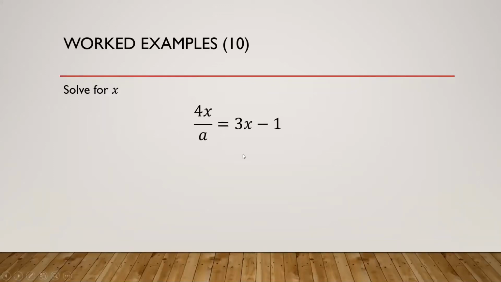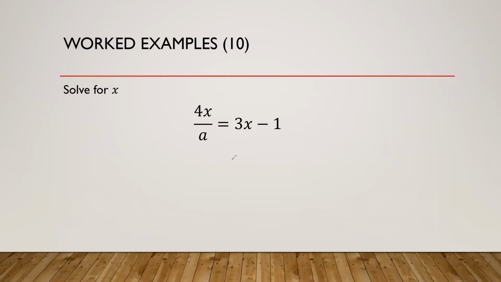Example 10. Similar to the previous example, where we had numbers but also another variable, which is A, we're not solving for A, we're solving for X. So we will not treat A as a variable per se.